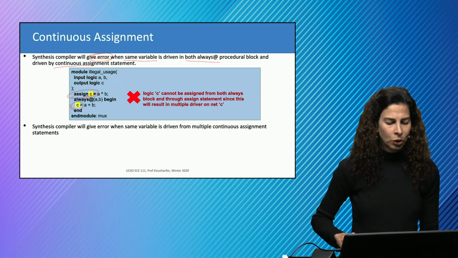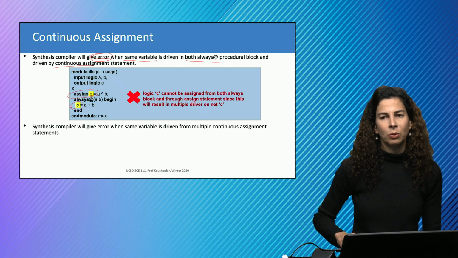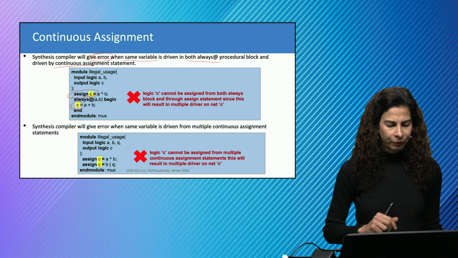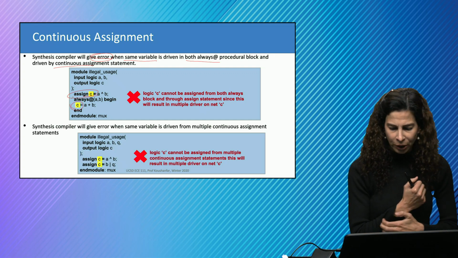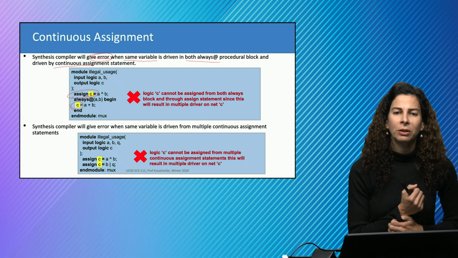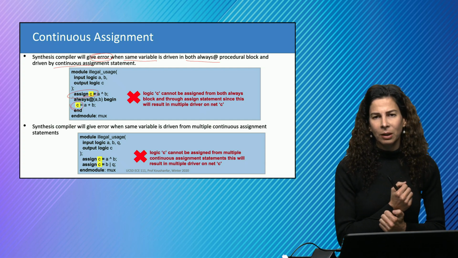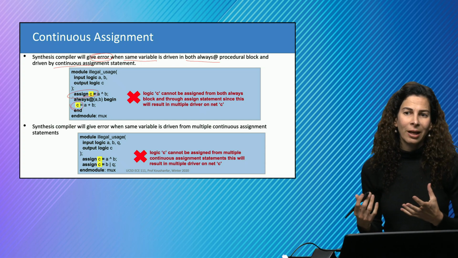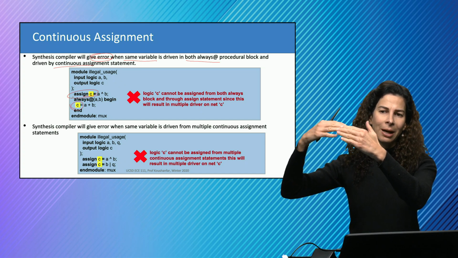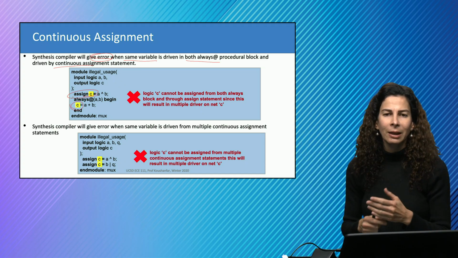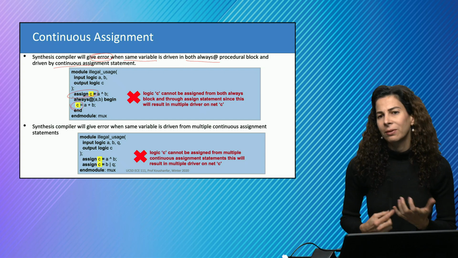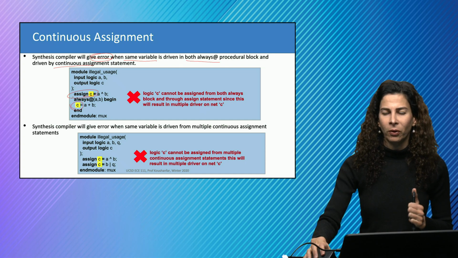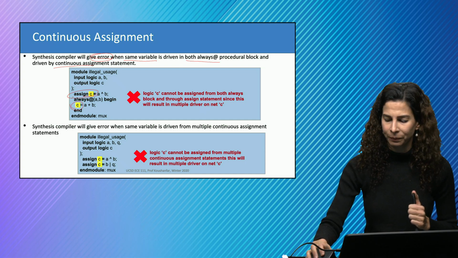This is going to generate an error because it's not going to take the same variable value for continuous and sequential logic. It will also generate an error if the same variable is driven from multiple continuous assignments. This is just like if you connect multiple gate outputs to the same output wire. This is going to generate an error if we did it in real life, and because this translates to a piece of logic, this is going to generate an error for us in SystemVerilog as well.